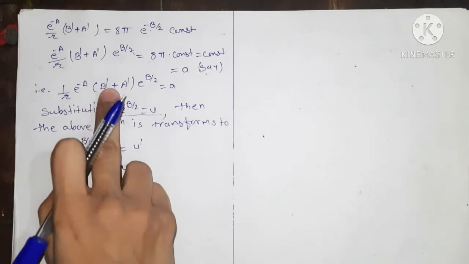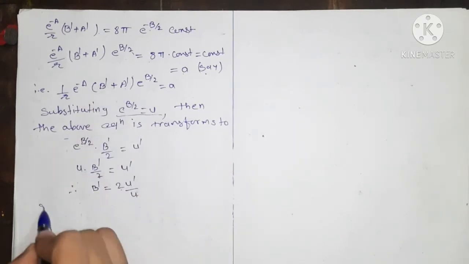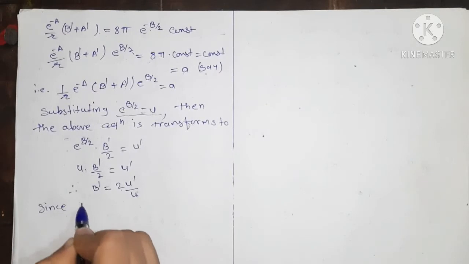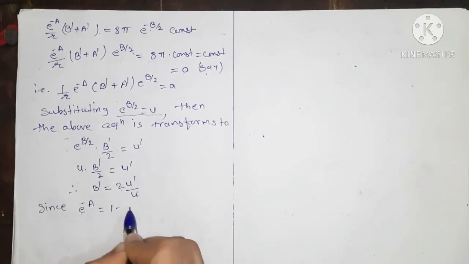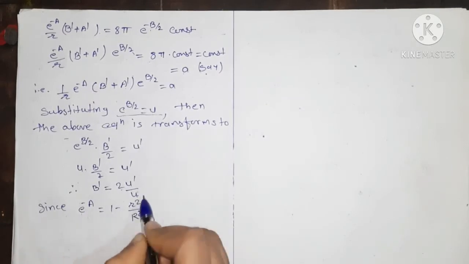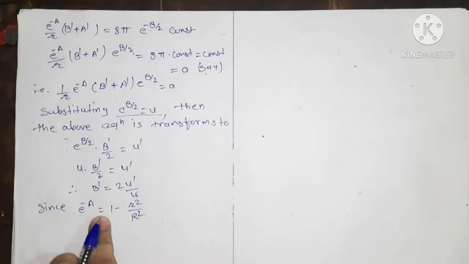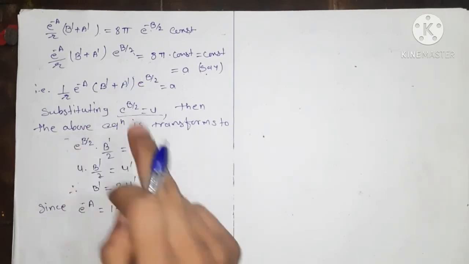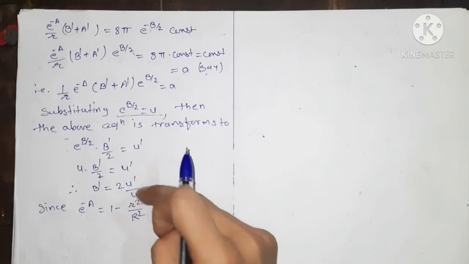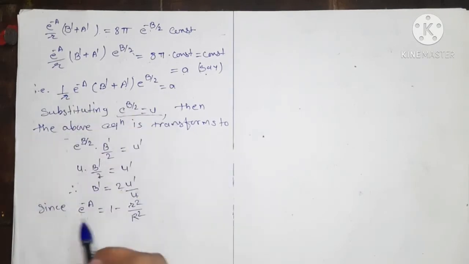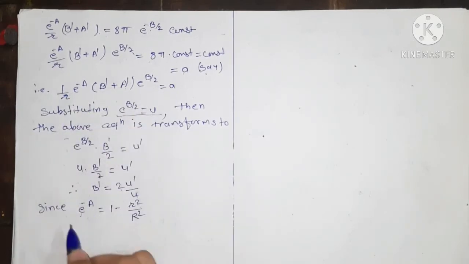We can substitute here. Also, as we have found, e to the power minus a is equals to 1 minus r square upon capital R square. So we differentiate this to get the value of a dash, and then we substitute the value of b dash and a dash in this equation. Okay, so differentiating e to the power minus a, we get e to the power minus a, the derivative of minus a is minus a dash.